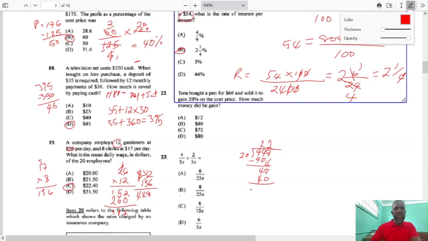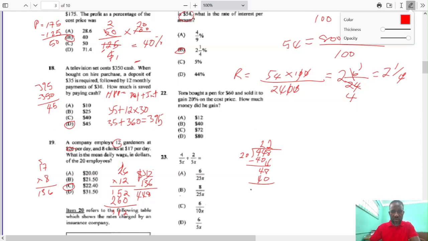So number 22 says Tom bought a pen for $60 and sold it to gain 20% on the cost price. How much money did he gain? All right, so basically I want to look at this. So we draw the percentage.